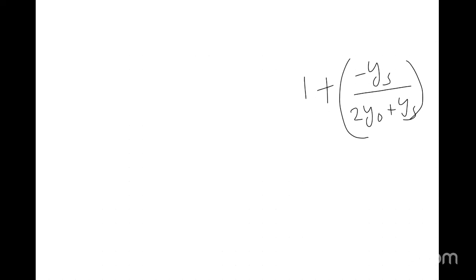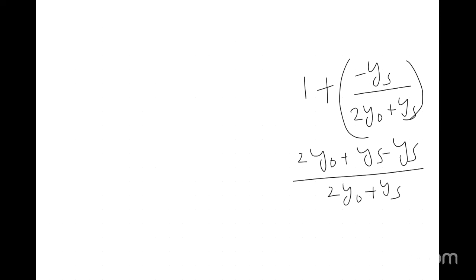What final value do we get here? 2Y0 plus Ys minus Ys, over 2Y0 plus Ys. Ys minus Ys is cancelled, so we get 2Y0 by 2Y0 plus Ys. This is the value of S21 or S12.